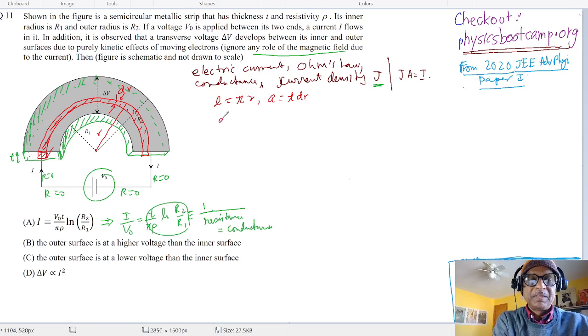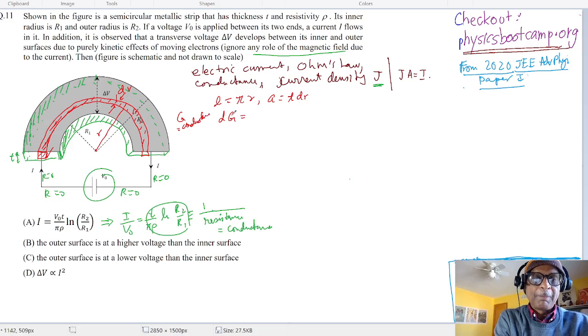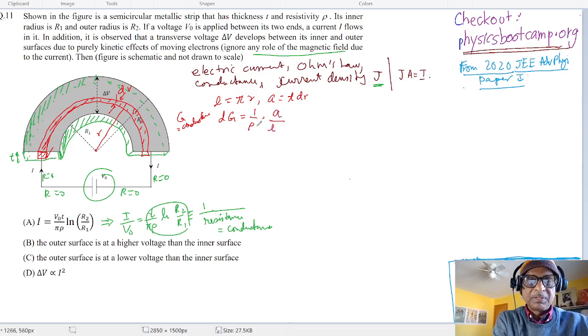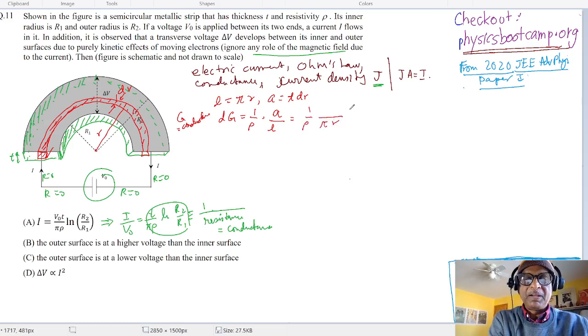If G is the conductance, then dG for this infinitesimal piece will be 1 over resistivity times area over length, which is exactly the inverse of the resistance. So this will be 1 over rho times t dr over pi r. I just have to integrate this.